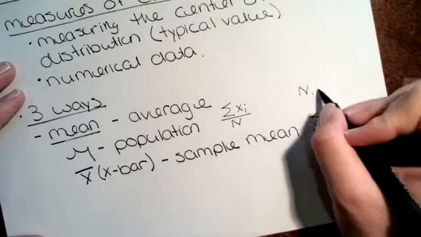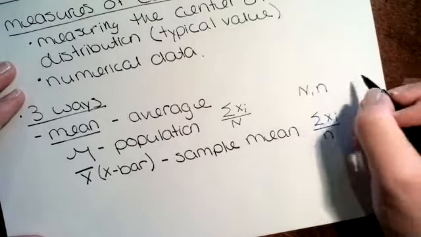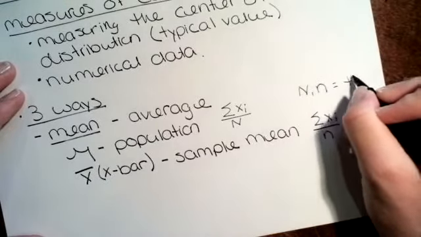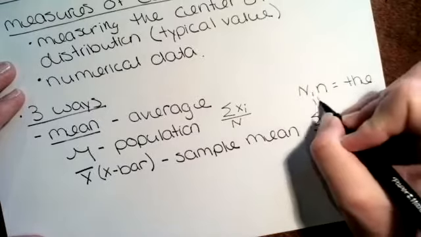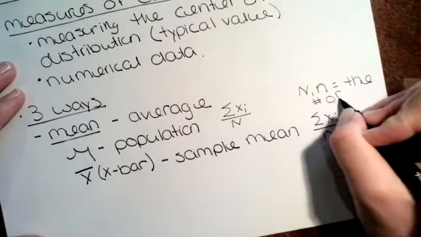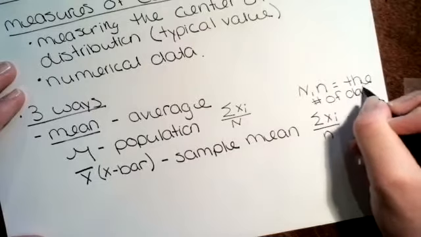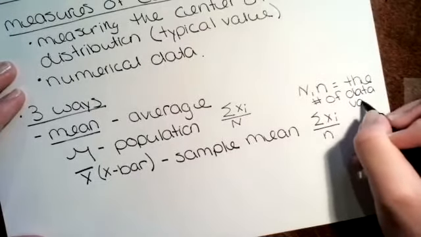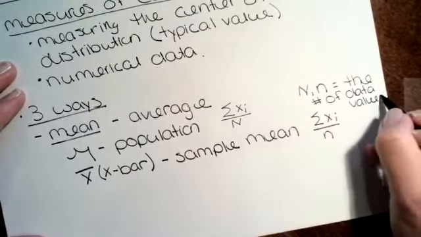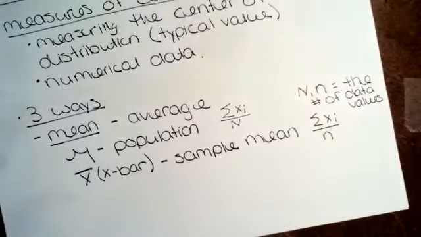So n or lowercase n is just the number of data values. So it's the number of individuals in your sample, or if it's uppercase N, of your population, okay? But the calculation's the same. It's just the average. You're going to add them all up and divide by however many you have.